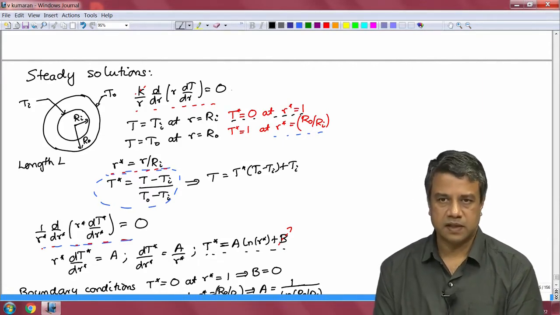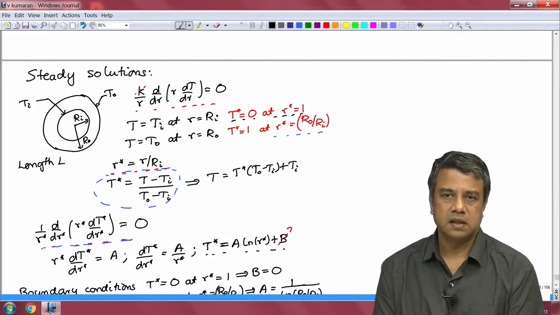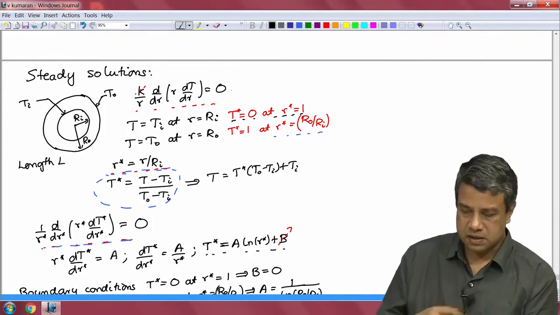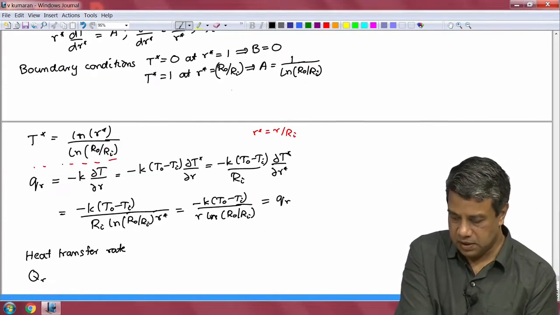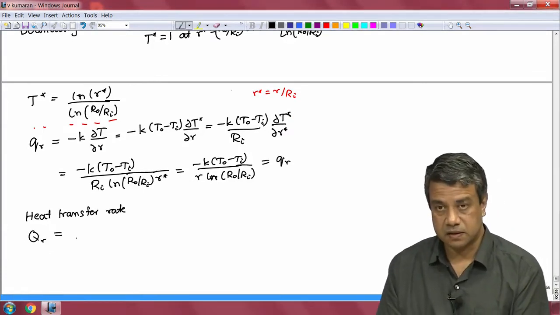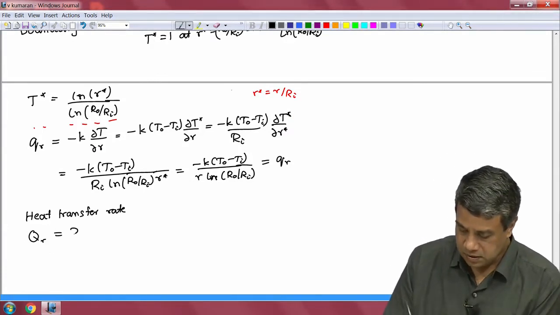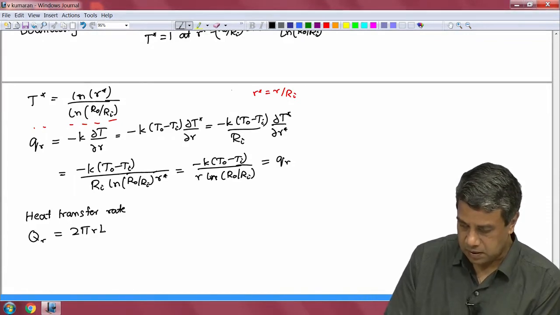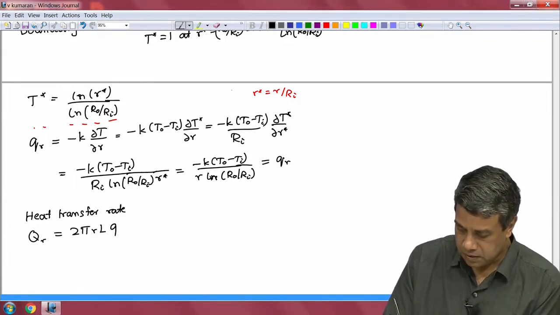If I take a pipe of length L along the axial direction, then the heat transfer rate has to be equal to the surface area at the radius r, 2 pi r L, into q r.